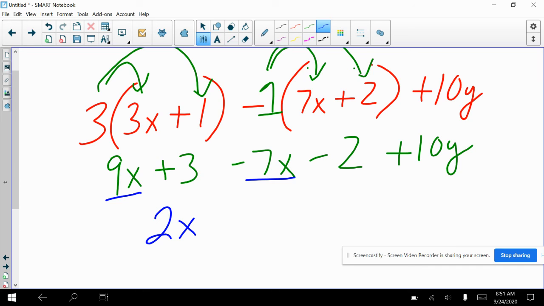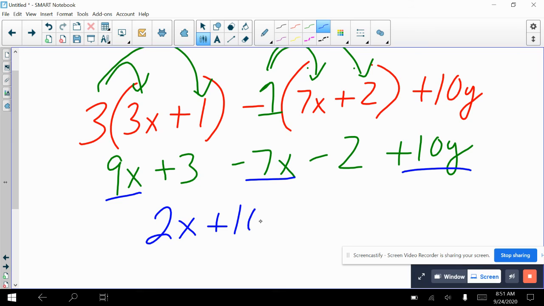That x. Okay, what else can we do? Okay, well, hang on here. What about this? What about our 10y at the end? Now can we do this?